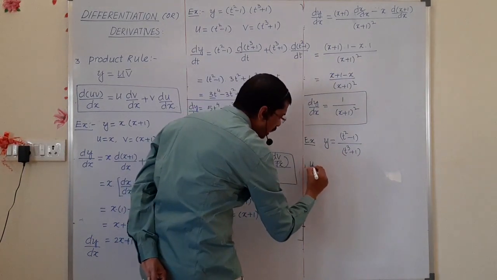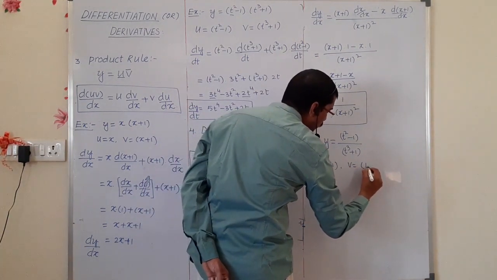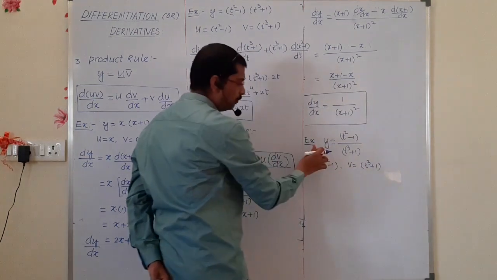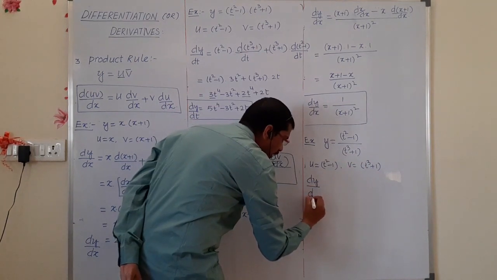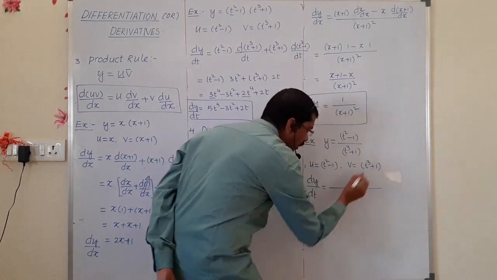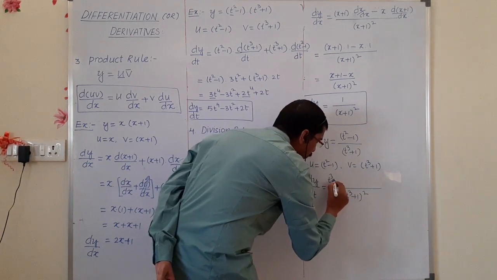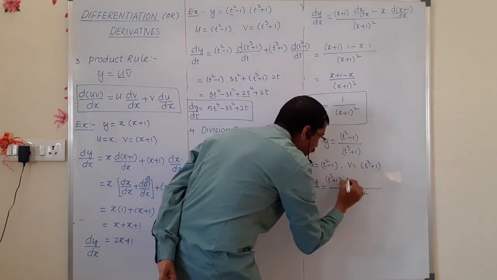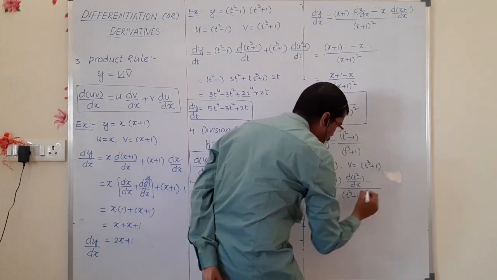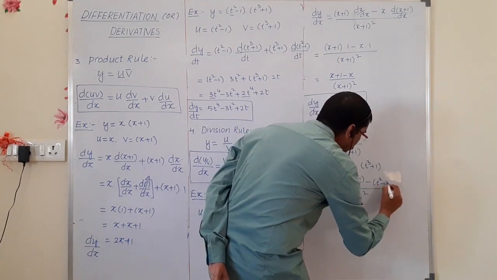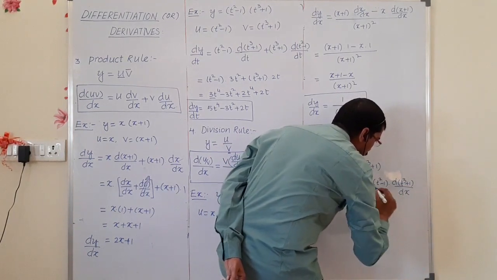Here again you take u as t square minus 1 and v as t cube plus 1. y is a function of t, that's why dy upon dt we have to write is equals to v square, v is nothing but t cube plus 1, whole square, and t cube plus 1, and directly I am writing here d(t square minus 1) upon dt minus (t square minus 1) into d(t cube plus 1) upon dt.